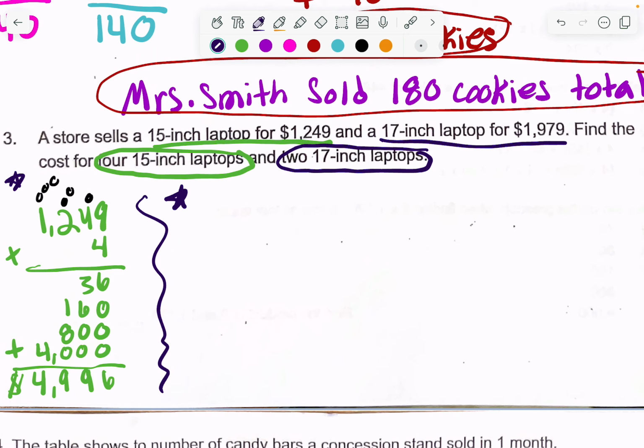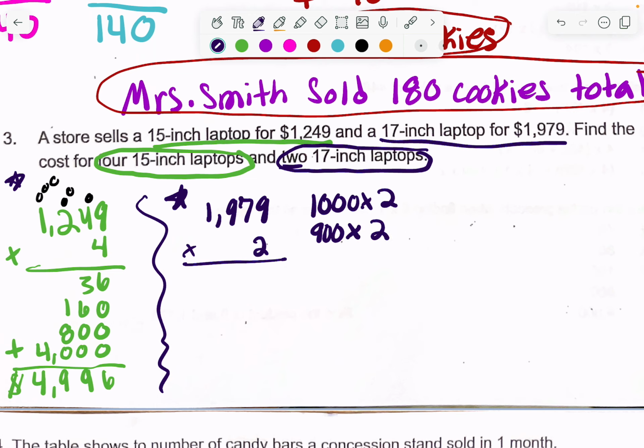So we have 1,979 times 2, because that's how much the laptops cost. So I'm going to break this one up. I'm going to do 1,000 times 2. I'm going to do 900 times 2. I'm going to do 70 times 2. And I'm going to do 9 times 2.